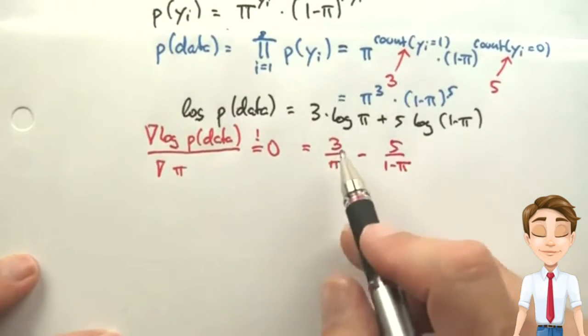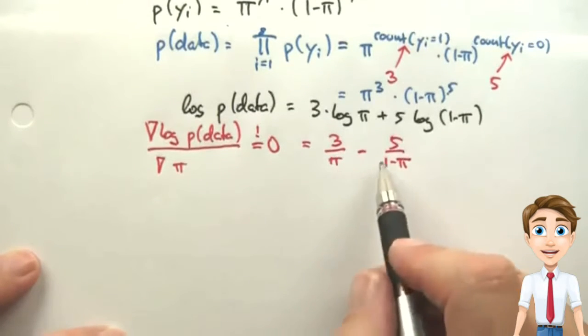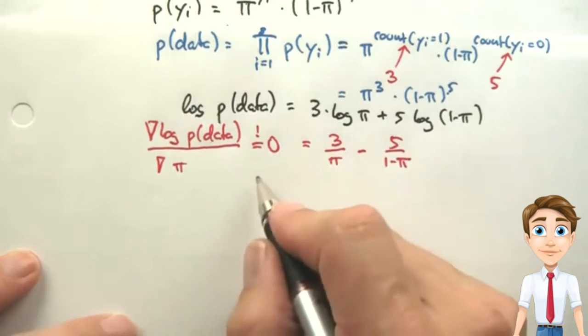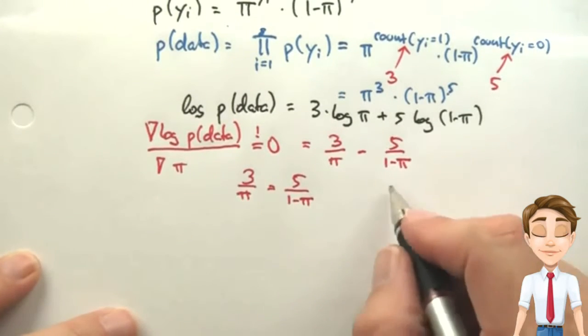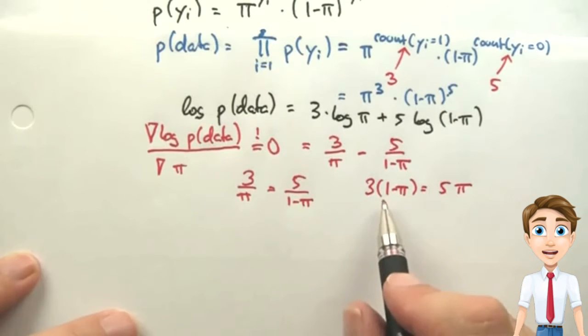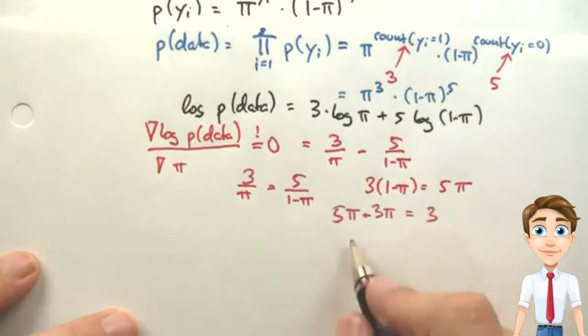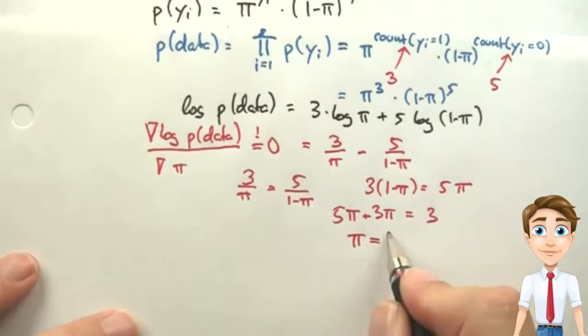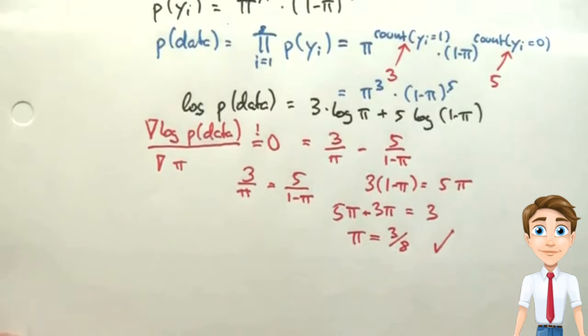This is the derivative, 3 over pi minus 5 over 1 minus pi. We now bring this expression to the right side, multiply the denominators up, and sort all the expressions containing pi to the left, which gives us pi equals 3 over 8, exactly the number we were looking for.